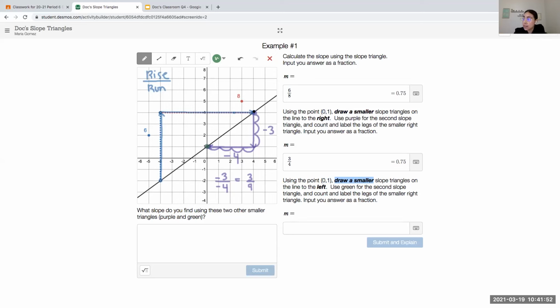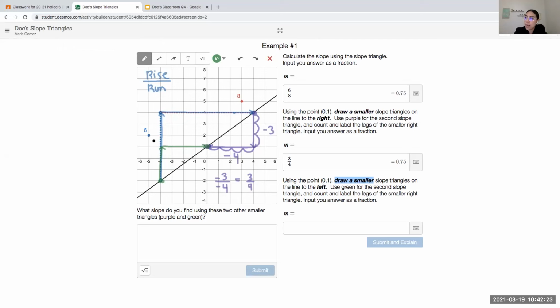So we could pick this point again, but because I want to give you a different example, I'm just going to pick the point on the bottom here. And I'm going to draw myself another triangle using the rise and the run. So here I have another slope triangle, this green triangle. And I'm doing it on the left side because I'm following directions there.